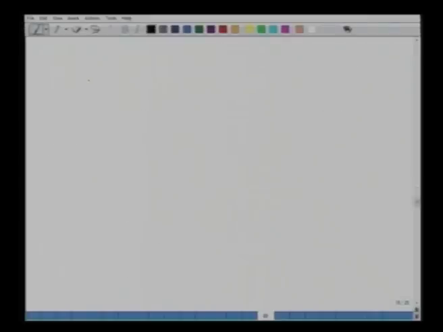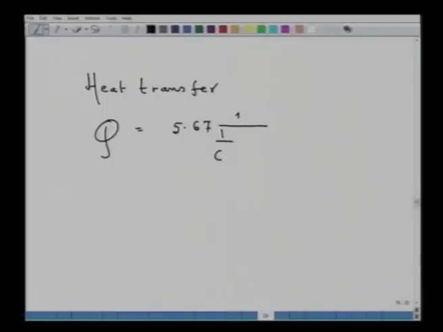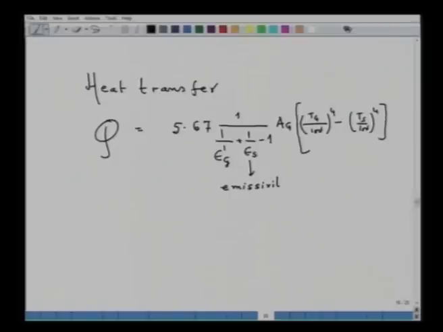Then the heat transfer Q is equal to 5.67 times 1 upon (1 upon epsilon dash G plus 1 upon epsilon S minus 1) into AG into [(TG upon 100) to the power 4 minus (TS upon 100) to the power 4], where epsilon S is the emissivity of the surface and epsilon dash G is the emissivity of the gas body.